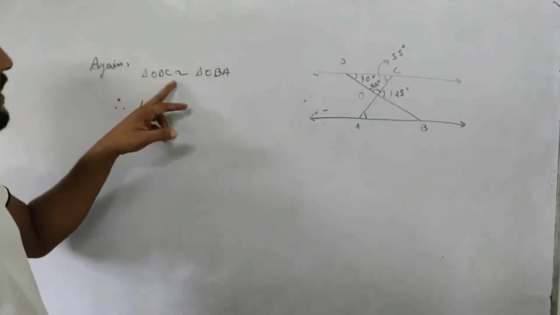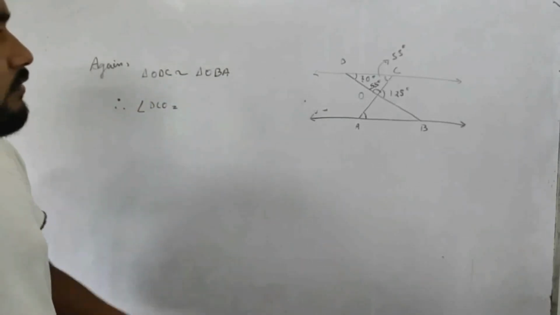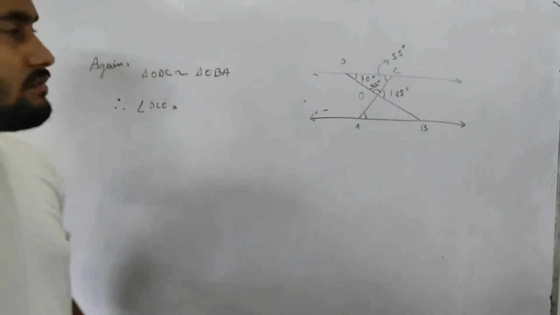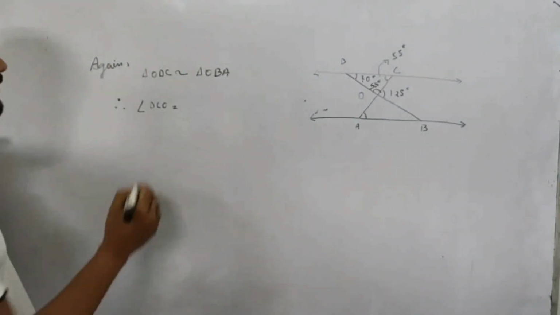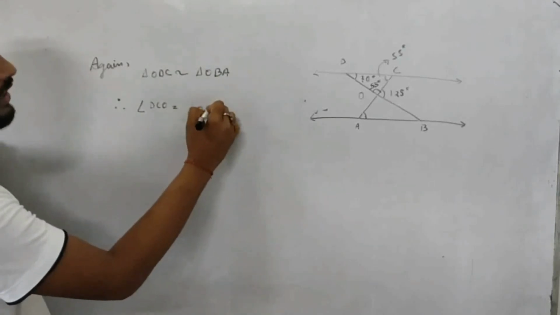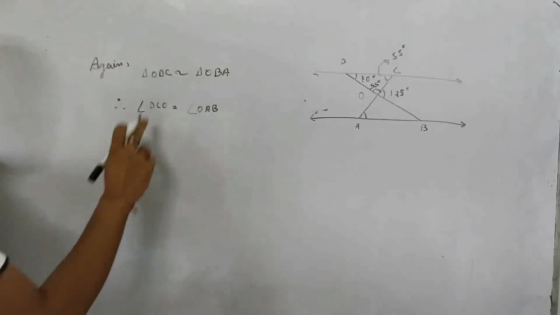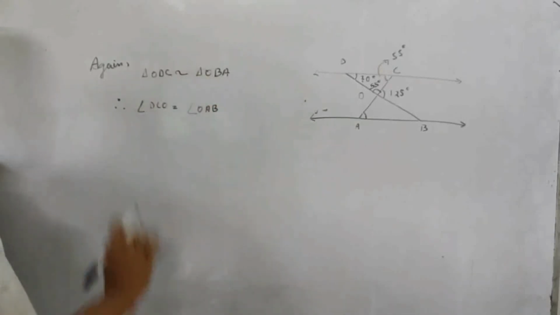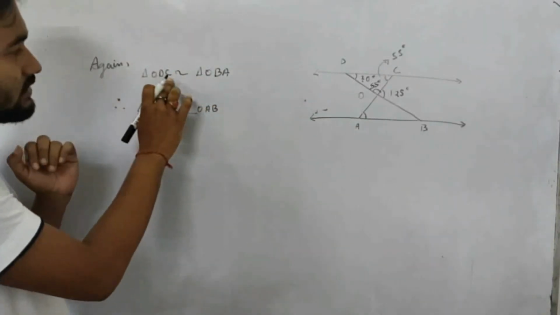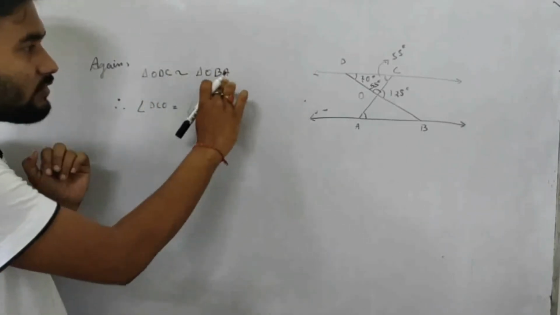it is simple. That with C, which will be equal? A will be equal. That means with this C, this A will be equal. Very simple. Angle OCD will be equal to angle OAB. From similarity, I can use this technique: if this is similar to this, then this last will be equal to last.